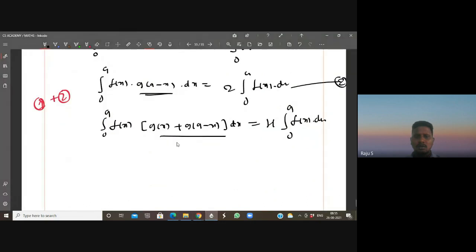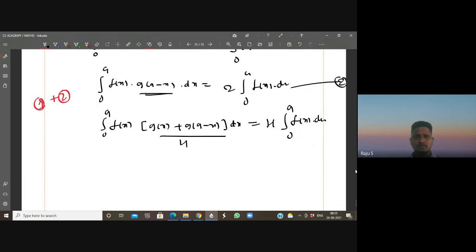So here we will get 4, you can substitute 4 here, and 4 you can take outside. Okay, then hence we proved here.